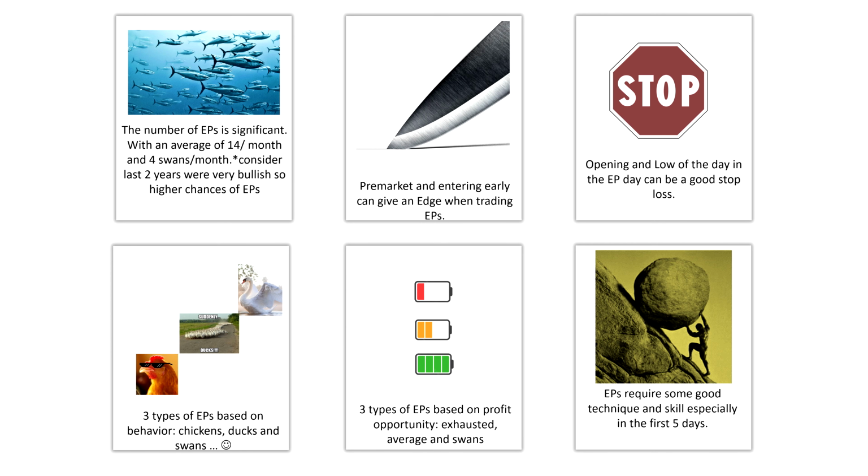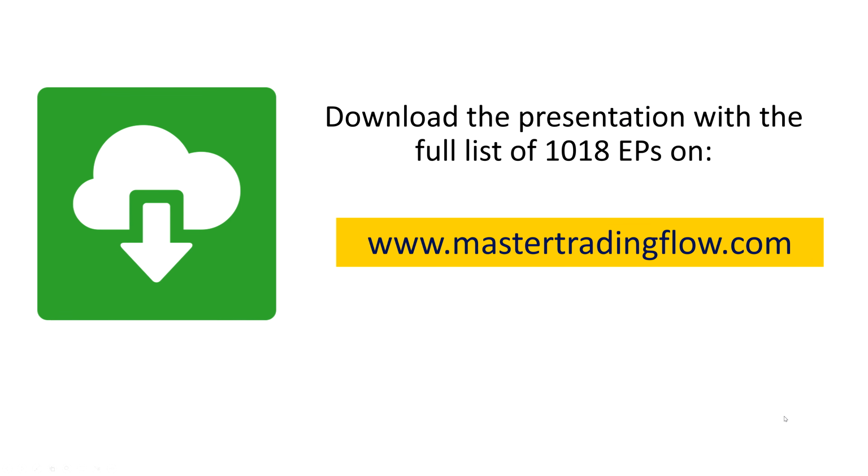This is where the EP makes significant moves, when chickens change their minds, and so on. So especially in the first 5 days, significant technique, I would say. And yeah, my hope is that you'll just find the swans and become a millionaire. But yeah, a couple of conclusions.